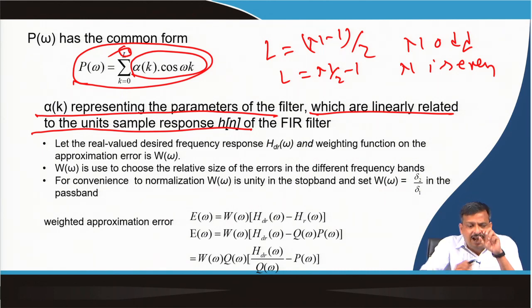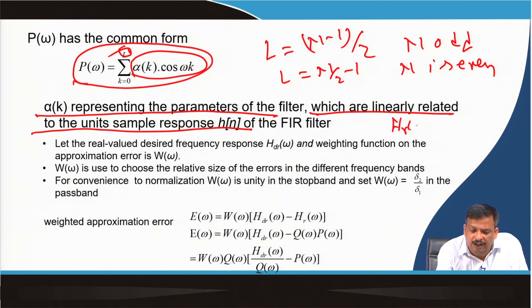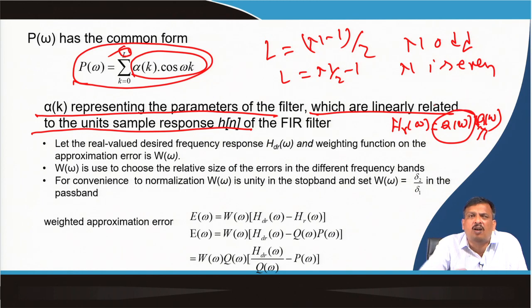So, H_R(ω) is nothing but a combination of Q(ω) and P(ω). I have control only on P(ω); Q(ω) is a constant. So, how do I control P(ω)? By controlling h[n], which depends on alpha_k. So, alpha_k is called the filter parameter.